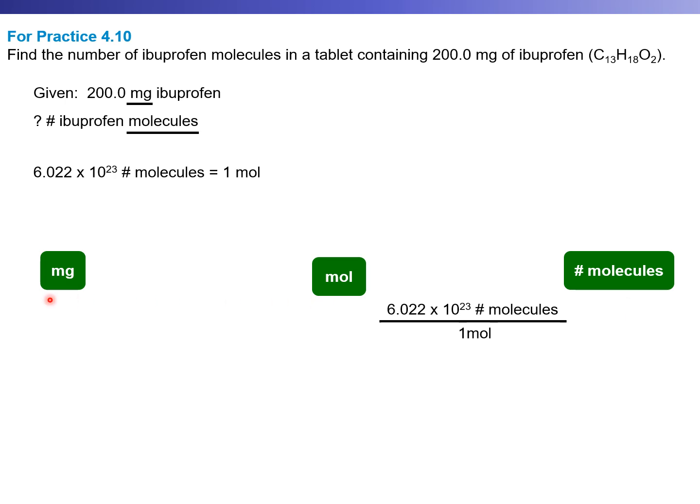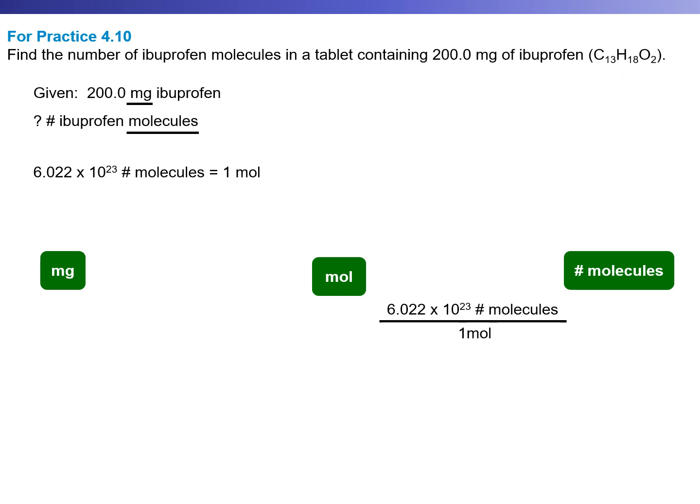Now we don't know what goes just here yet, right? Not yet. But do we know of anything that establishes a relationship between grams and moles? Well, keep in mind we're here in chapter 4, and one of the things that we've been doing is looking at the periodic table, taking the formula or the formula units of different compounds and figuring out what their mass is.